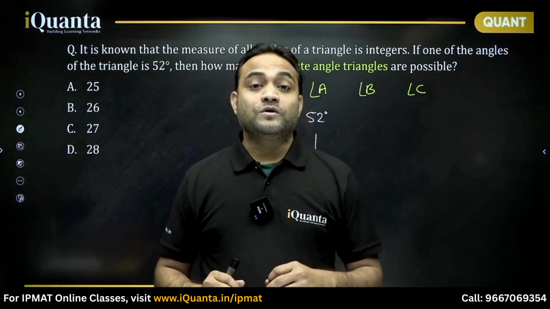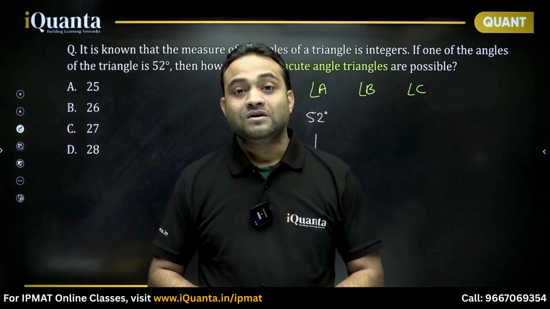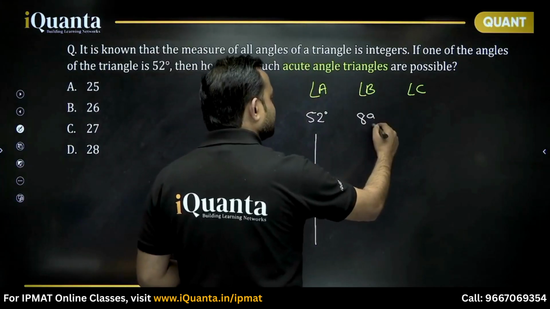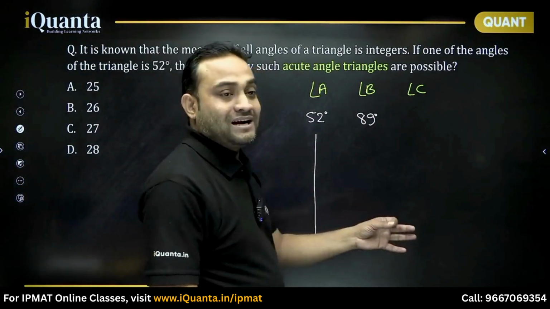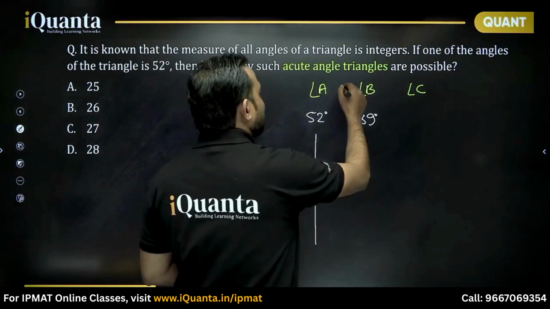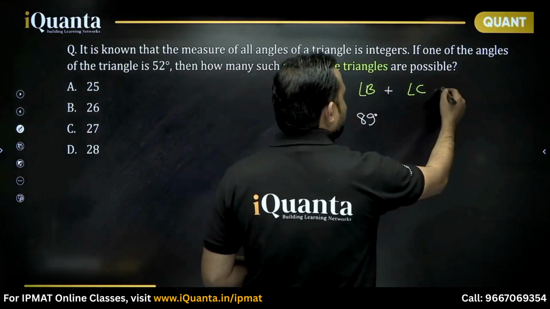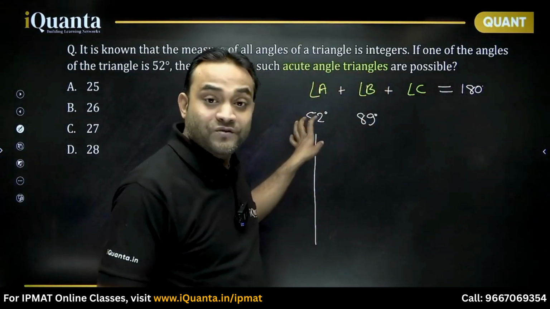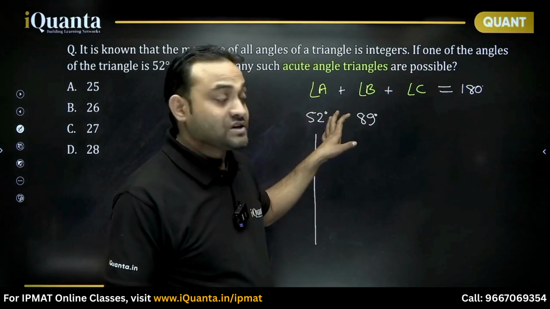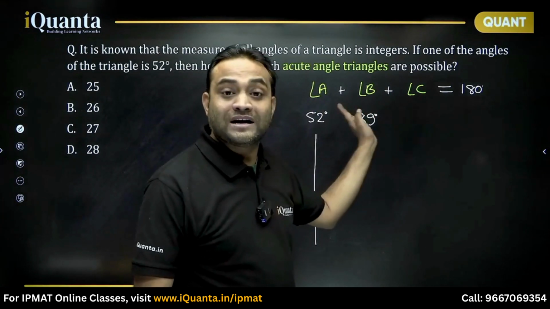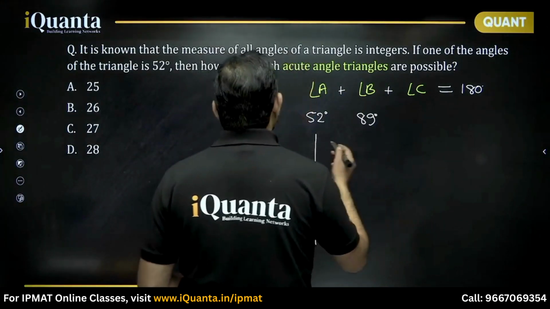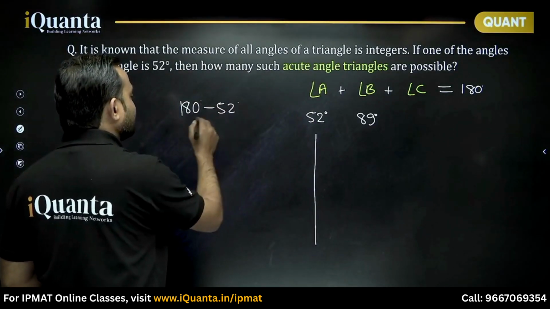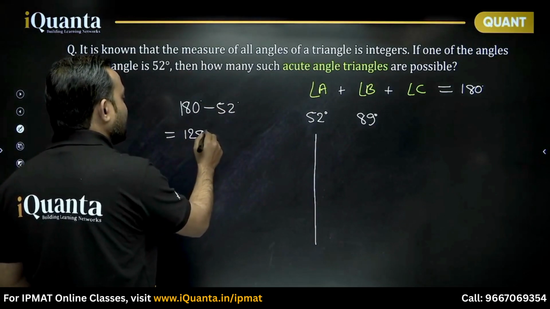So what will be the maximum possible value of any angle? Can we say it will be 89 degrees? Now we know that the sum of all three angles, angle A plus angle B plus angle C, is equal to 180 degrees. If one of the angles is 52 degrees, then the sum of the rest of the two angles must be 180 minus 52 degrees, which is equal to 128 degrees.